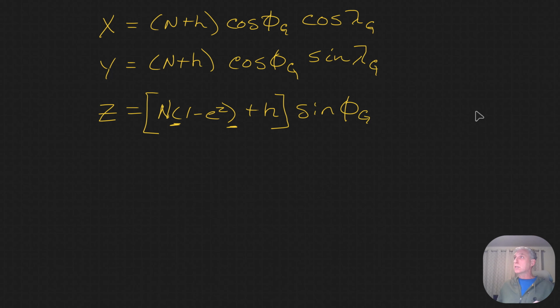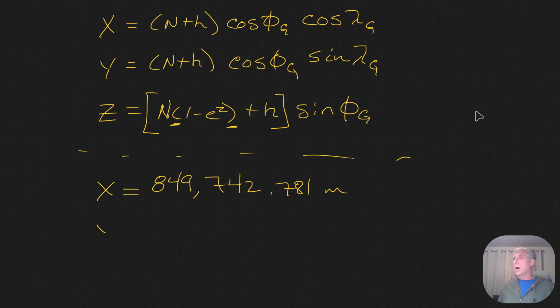When we do that, in this example, we have x equals 849,742.781 meters. Our y is equal to negative 4,819,130.784 meters. And I'm going to subscript these so we know that they're of our origin.